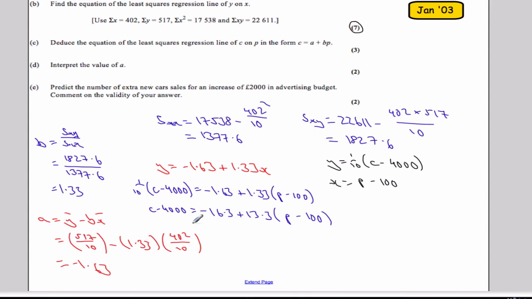Leave the left hand side alone. So we get minus 16.3 plus 13.3 times P, and when I multiply 13.3 by minus 100, I get minus 1330. Okay, almost there.